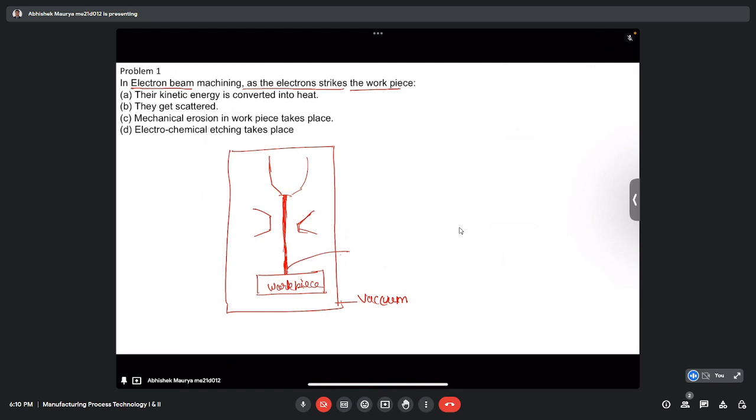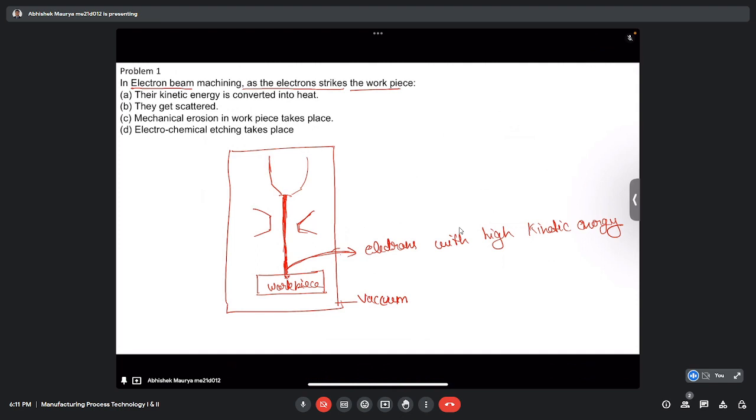What will be reaching here? Electrons with high kinetic energy. Now when these high kinetic energy electrons strike the workpiece, what will happen? They will transfer that kinetic energy to the workpiece material. But this energy is very high.